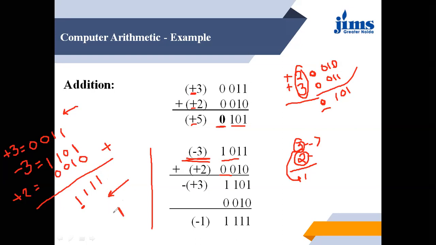So this one is going to change to 0, the next one is also going to change to 0, and this also is going to change to 0. From here you can see that the magnitude is 1, whereas the sign of the result is 1, that is negative. And you can see from here that this is minus 3.